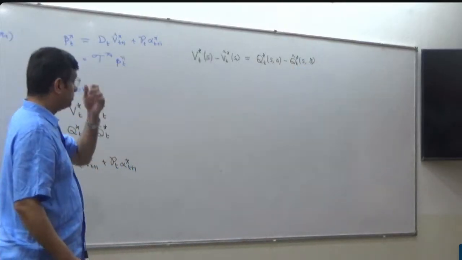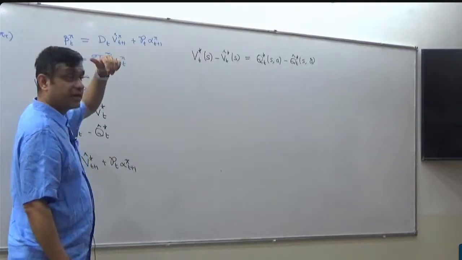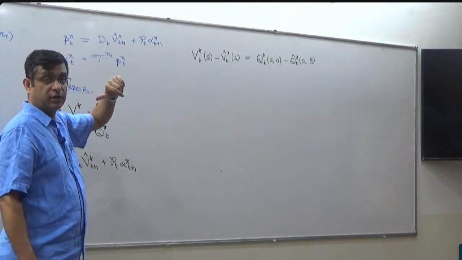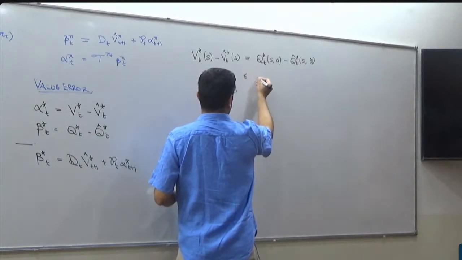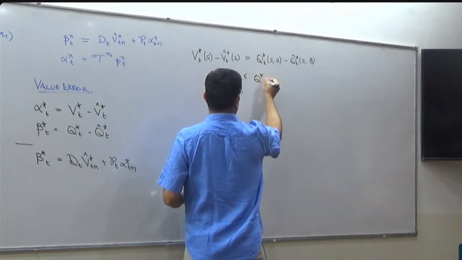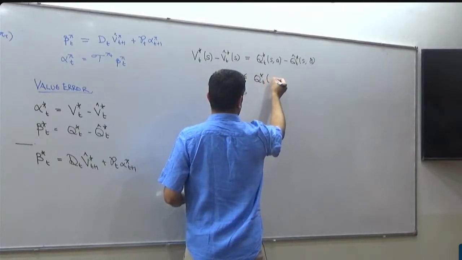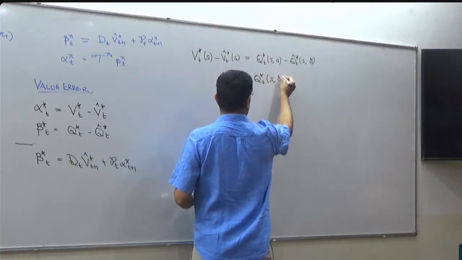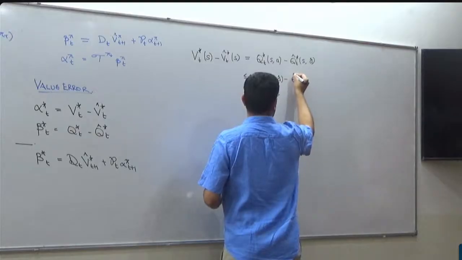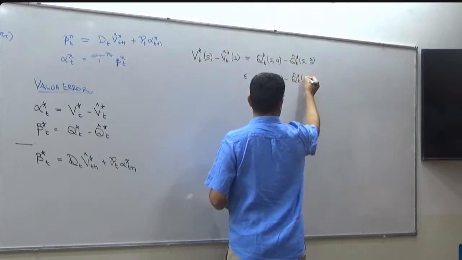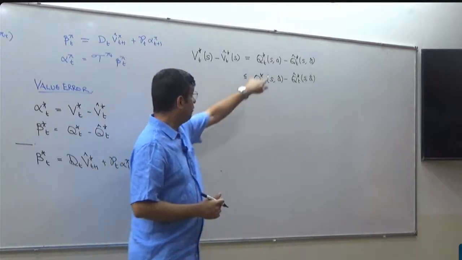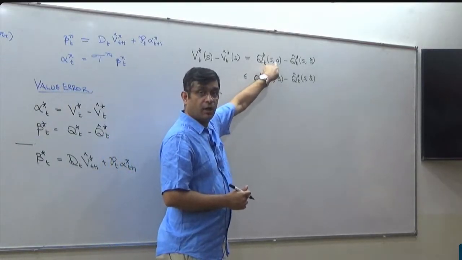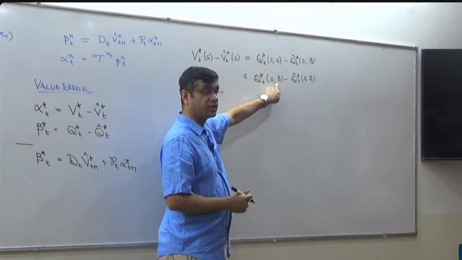Now, I can get an upper and lower bound on this quantity. The upper bound works by saying, well, I could have taken q star t of S and A hat. A was the optimal action. If I change this to a suboptimal action, my q function will increase.